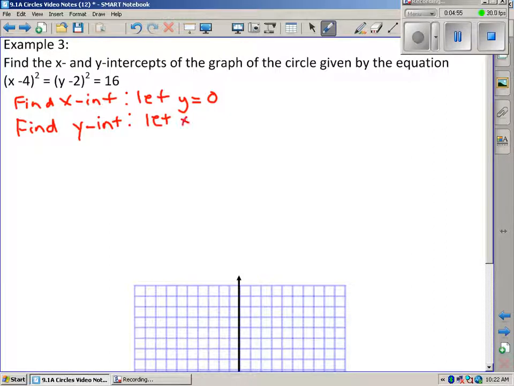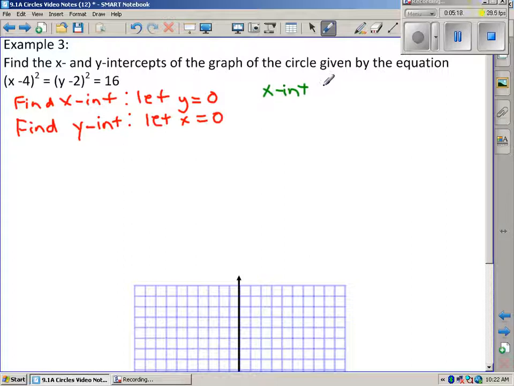So let's go ahead and find our x-intercept. And we'll do that over here. So all I'm going to do is leave x as it is and plug in 0 for y.